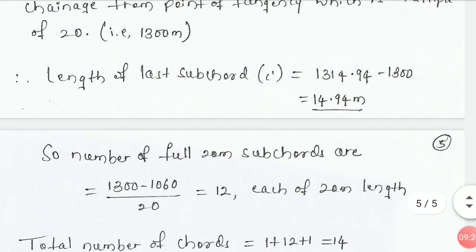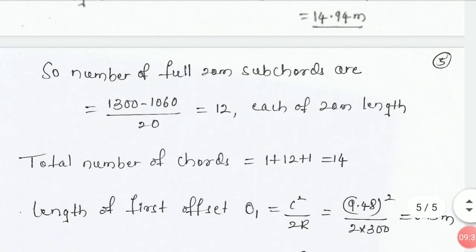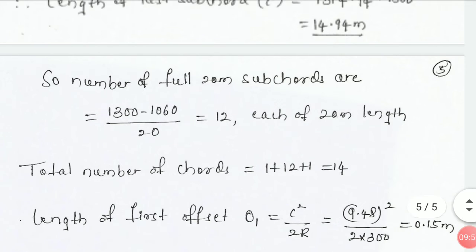So number of full chords which are 20 meters exactly from first chord to last chord, that is 1300 minus 1060 divided by 20, totally 12 chords we have. Okay, so total number of chords will be one chord which is from point of curve to the first point, plus 12 chords of 20 meters interval, plus last chord which is from 1300 to 1314.94 meters, right?